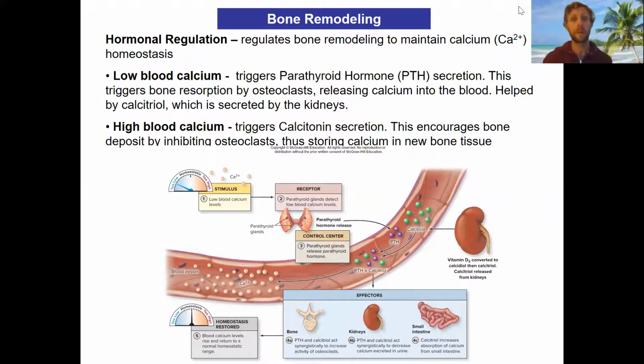But we have to remember that we have to keep our blood calcium levels in a homeostasis range. So even if we are putting enough stress on our skeleton such that we would want to be doing more bone deposit, if our blood calcium levels are too low, we might find ourselves doing bone resorption just to remove that calcium from its storage reservoir location and put it back into the bloodstream where it's needed.